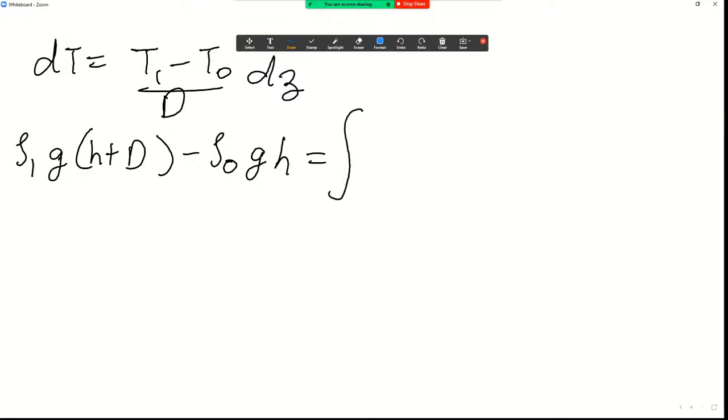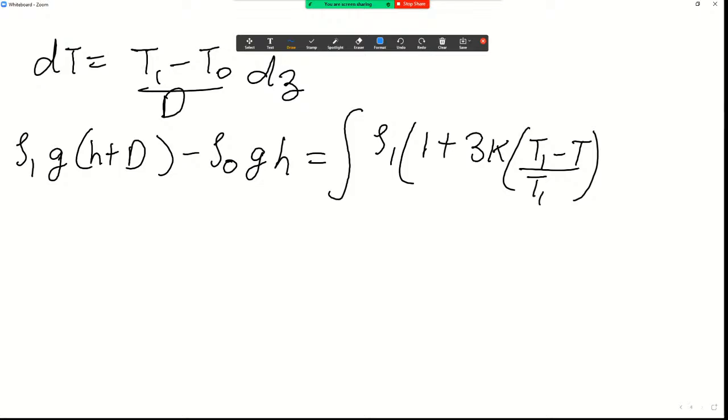And we have rho as rho 1 times (1 plus 3k (T1 minus T) by (T1 minus T0)), and we have dz as... g can be cancelled in every term, so we have D by (T1 minus T0) dT.